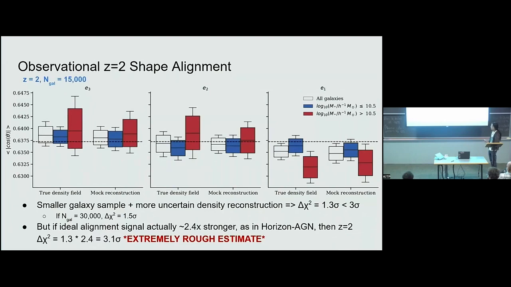However, as we noted before in the simulated alignment section, in IllustrisTNG we're seeing a much weaker overall signal than we saw in Horizon AGN.